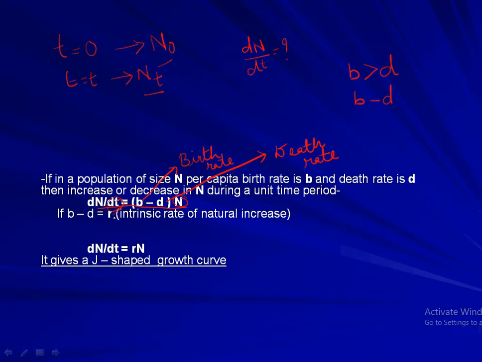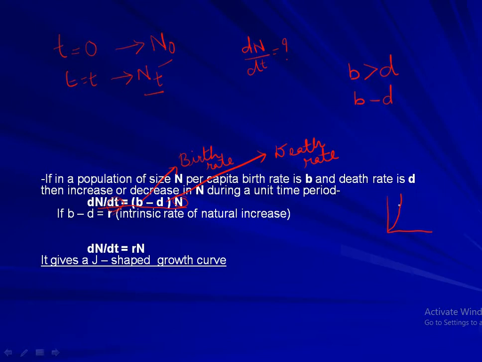So dN/dt = (B − D)N is the equation which defines the exponential growth of a population, and the curve represents, in the last slide you have seen this graph, this type of curve, the J-shaped growth curve.